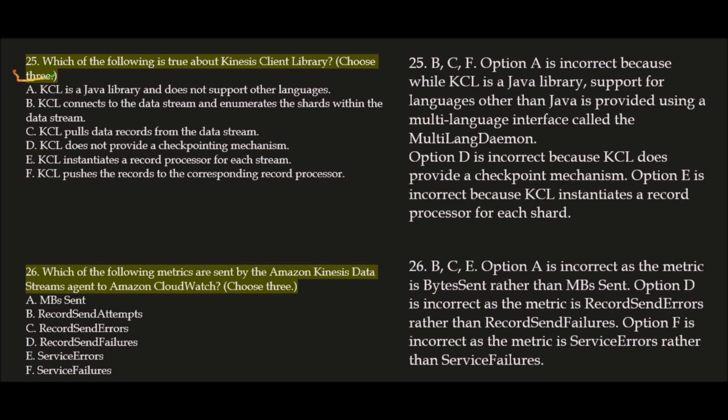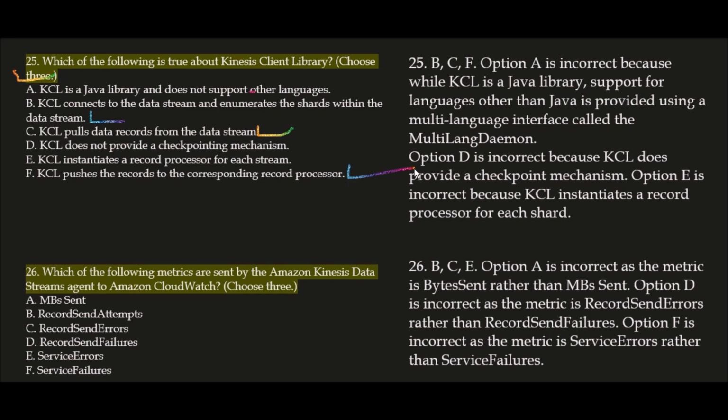Option C. KCL pulls data records from the data stream. Option D. KCL does not provide a checkpointing mechanism. Option E. KCL instantiates a record processor for each stream. Option F. KCL pushes the records to the corresponding record processors. Correct answer here is option B, option C, and option F respectively.